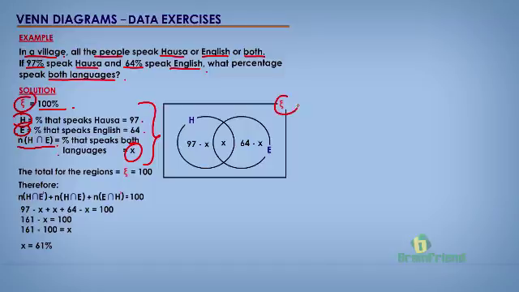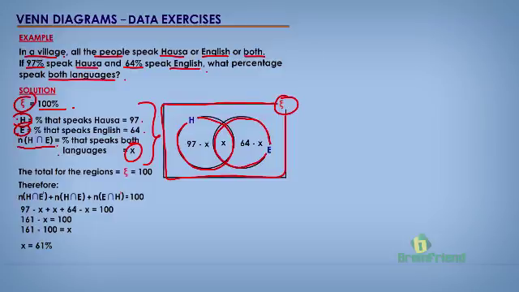The Venn diagram again would represent our universal set that encloses our member sets, which are H and E. So H, representing the villagers that speak Hausa, would be our circle here, while our circle here, E, represents the villagers that speak English.